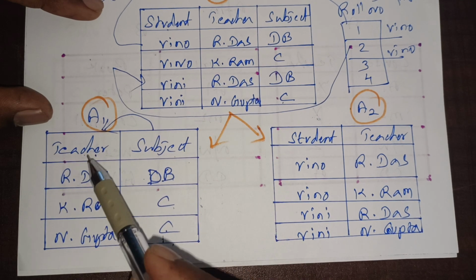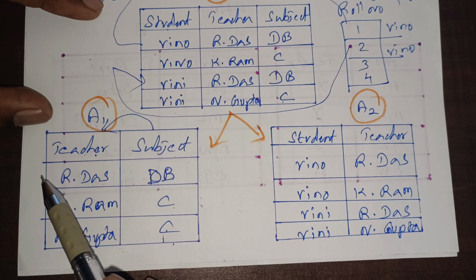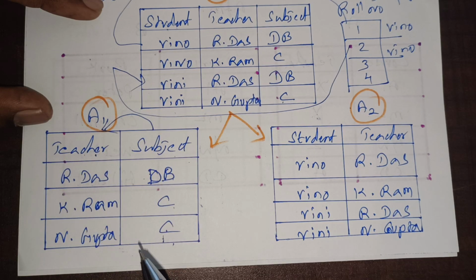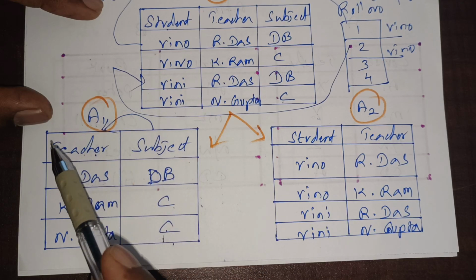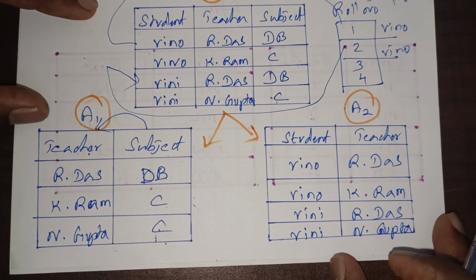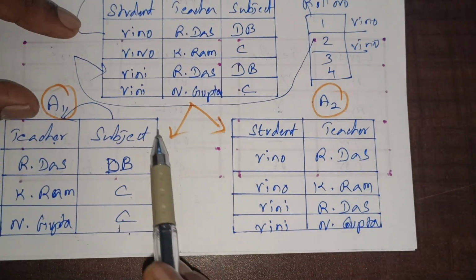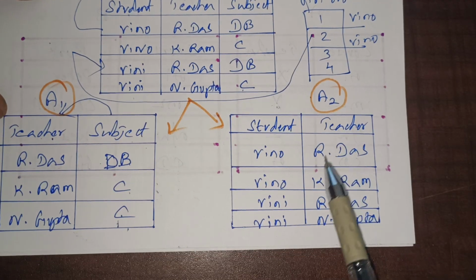If there is a repetition, we can create a teacher ID and that teacher ID can be taken as a super key. So the subject depends on the super key, that is the teacher ID, not the teacher. Now listen, we have created one more table here as A2, that you can check.